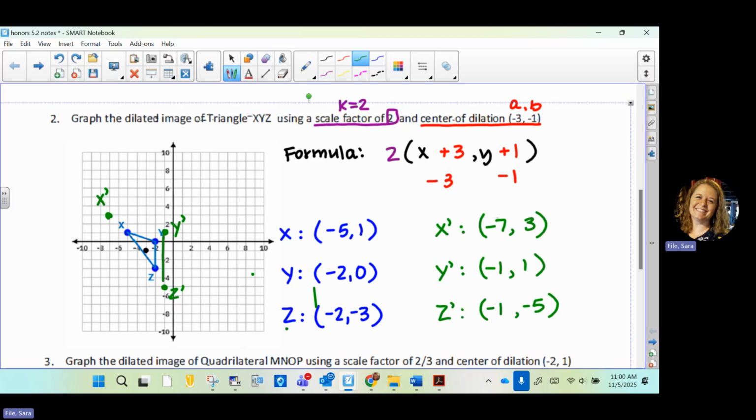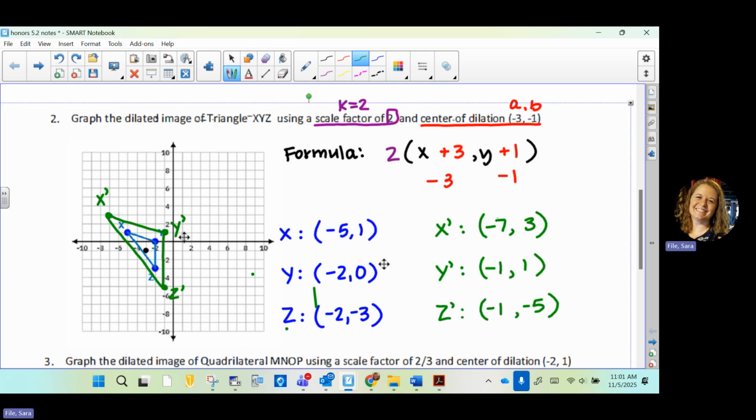So now I have this new triangle, x prime, y prime, z prime, that is doubled. It's twice the size. I scaled it by 2. I dilated it by a scale factor of 2, but centered at that point. Y'all with me?